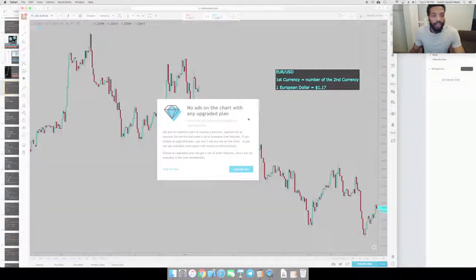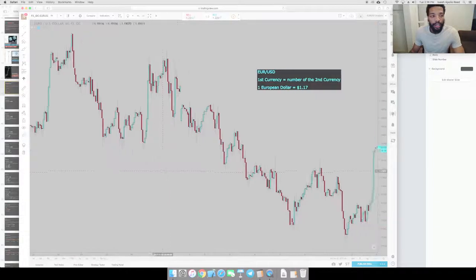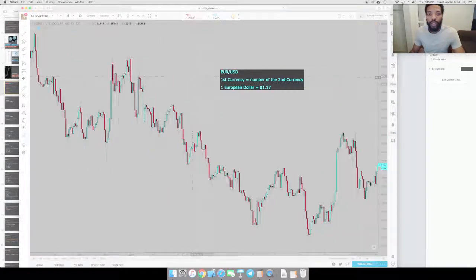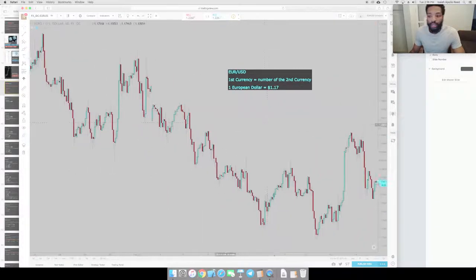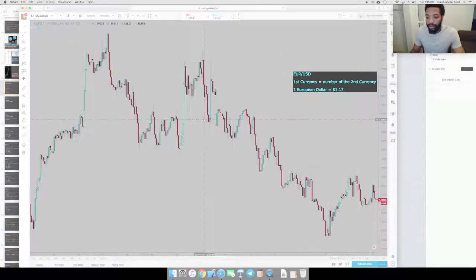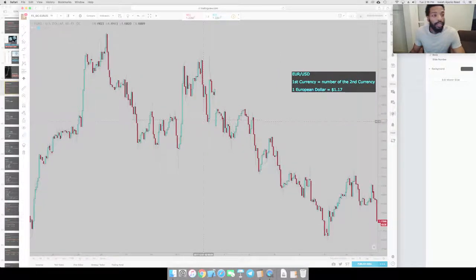Alright, so this is what the charts look like on TradingView. This is the Euro versus the United States dollar. The currency that's first is equal to the number of the second currency.